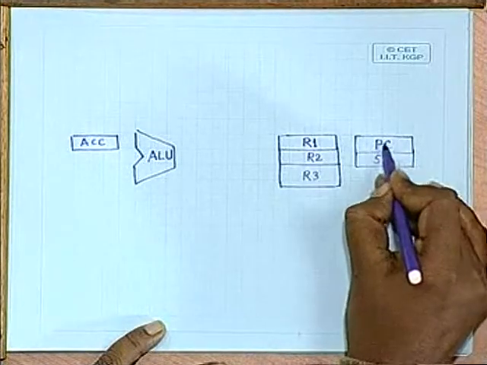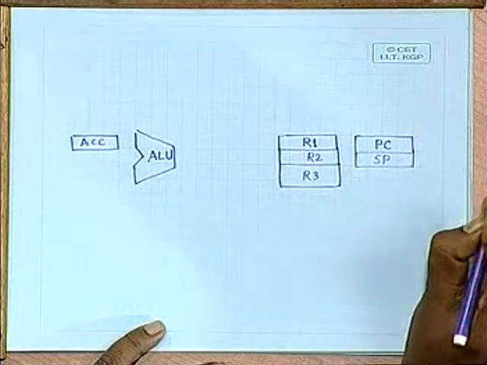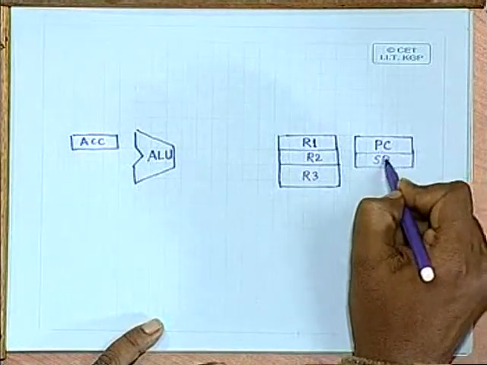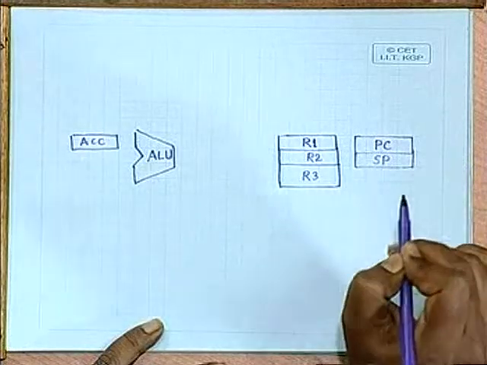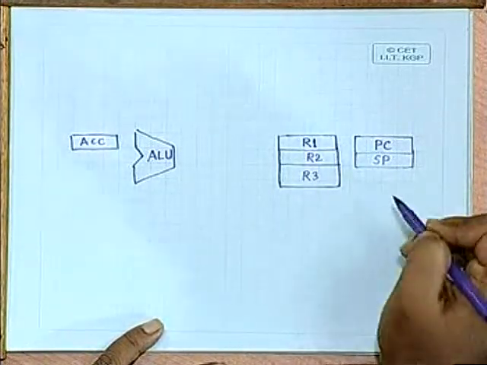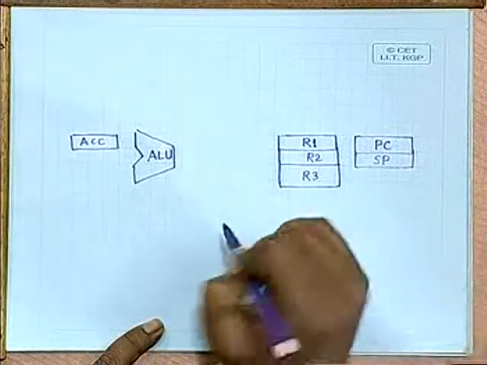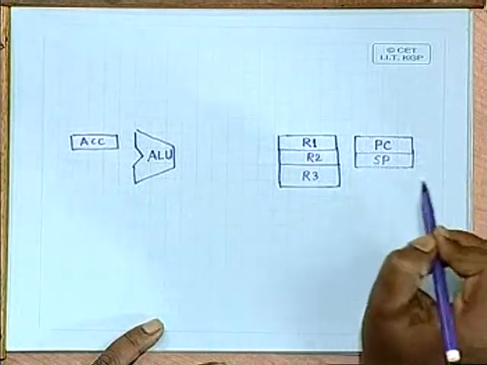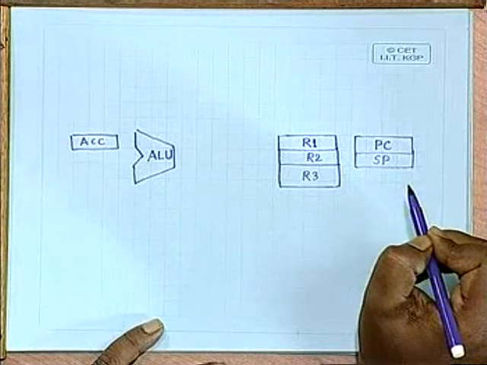So, here we find the program counter points to the instruction which is to be executed next, and the stack pointer points to a stack where we save the values of some of the registers, which can be called back when we come back from the subroutine, or from the function which has been called from the main routine.